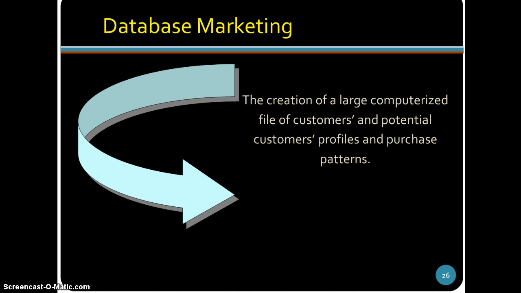So a very common practice of that is database marketing. For example, if you purchased a product and you filled out the product warranty information, by doing so you become an entry, a data point in the company's larger database. Another example, let's say you shop at a grocery store and you signed up for the club card. Every time you make a purchase at that Acme or Giant, you give your club card to the cashier in order to get the sale price.